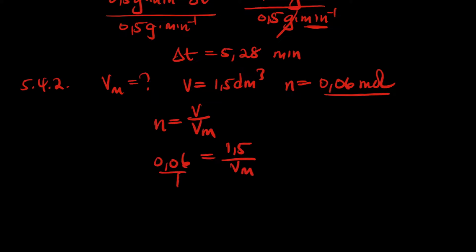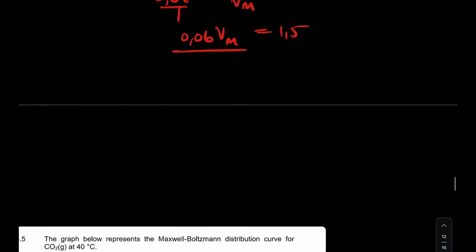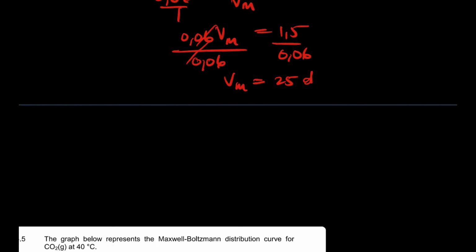We're looking for Vm, and then when you cross multiply, we'll have 0.06 Vm is equal to 1.5, and then we divide by 0.06 both sides, and then your Vm, when you punch that in the calculator, you will get the answer there. It will be 25 dm3.